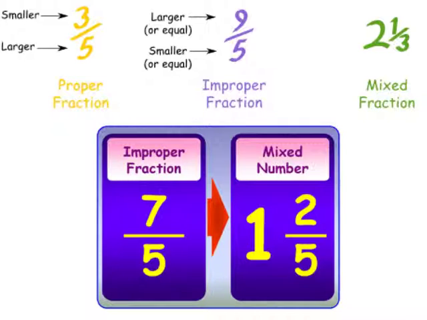A mixed fraction is called a mix because it is a whole number and a fraction, so it's a mixed number. Here you see the improper fraction 7/5. We can convert that to a mixed number of 1 2/5. If we go to the next frame, we're going to look at how to do those things.